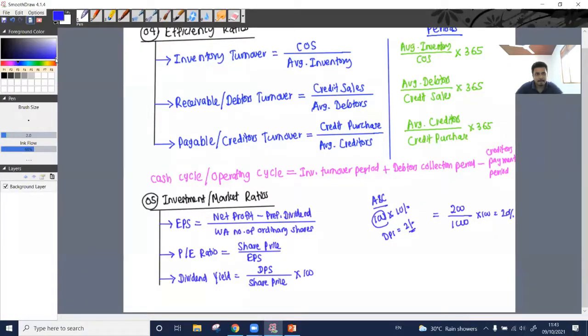Then I will take one more here. Right. Dividend cover.